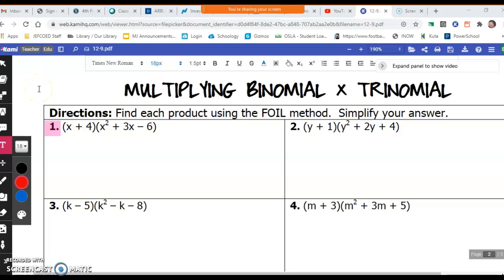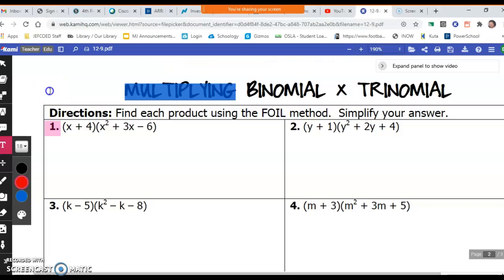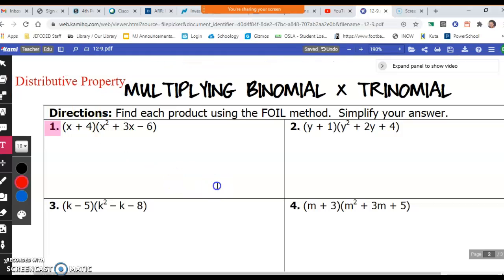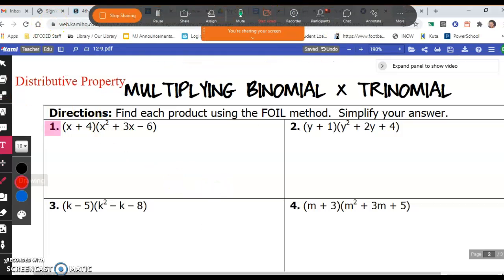All right, so here we're going to be multiplying binomials times trinomials. It's no different than it was with binomials times binomials. We are still going to use the distributive property. Okay? So however, wherever you want to put that, just make sure, guys, you know we're still distributing. It's not going to change. Okay?